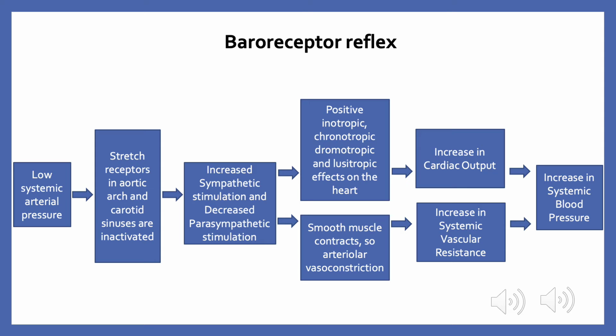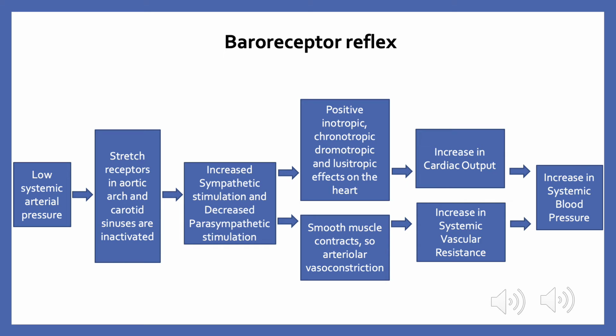And number four, there is a positive lusitropic effect, which means that the heart will be able to relax faster during diastole, so that even though the heart rate is increased and the duration of diastole is decreased, the heart will manage to relax to the same or at least a similar extent than if the positive lusitropic effect did not exist.